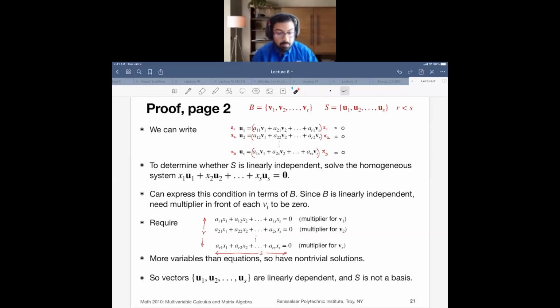All the x's are 0, but because of R being less than S, you are also going to have non-trivial solutions. Exactly the same reason why we had non-trivial solutions when we had a consistent homogeneous set of equations with less equations than unknowns. So what this means is vectors u1 through us are going to be linearly dependent, which makes your S not a basis.